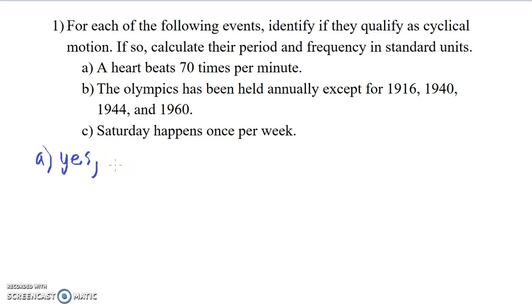And we need to find the period or the frequency first, and then we can convert with the other using the equation. It's probably easiest to find frequency first because they say there's 70 times per minute, or 70 cycles in 1 minute, which is the same as 70 cycles in 60 seconds.